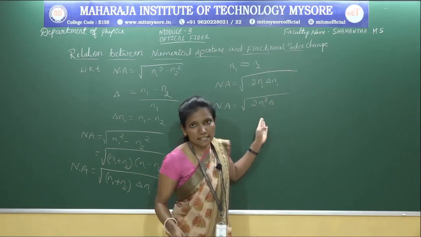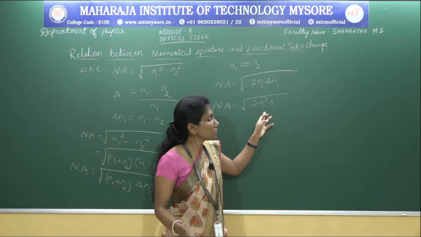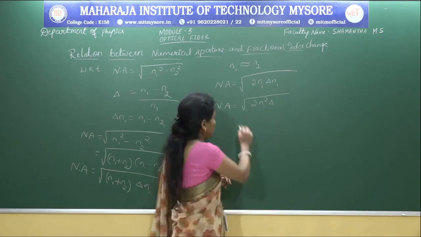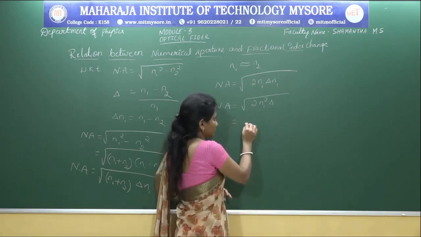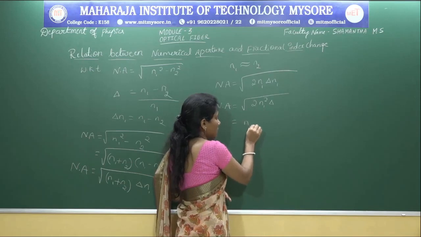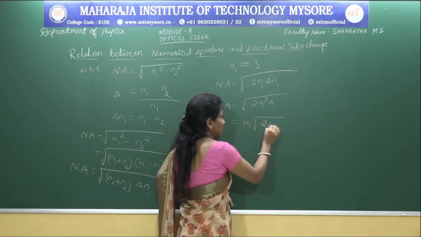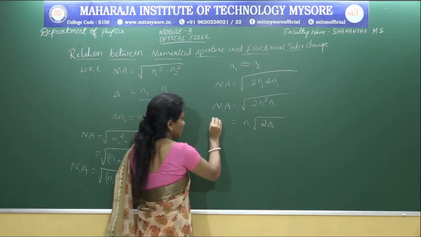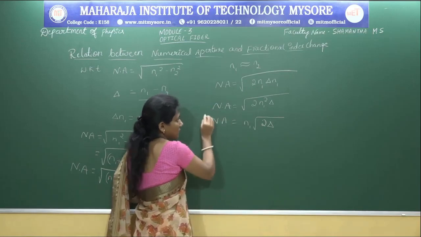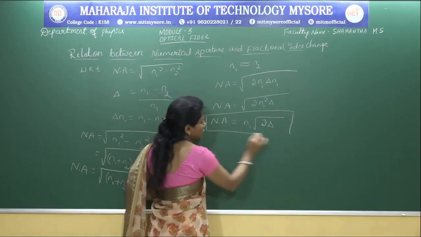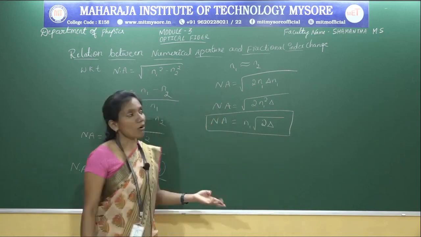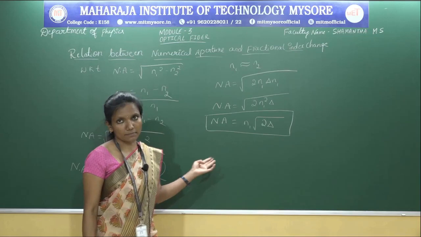If we take n1 square outside the square root, we get n1 root of 2 delta. So this is the relation between the numerical aperture and fractional index change for the optical fiber.